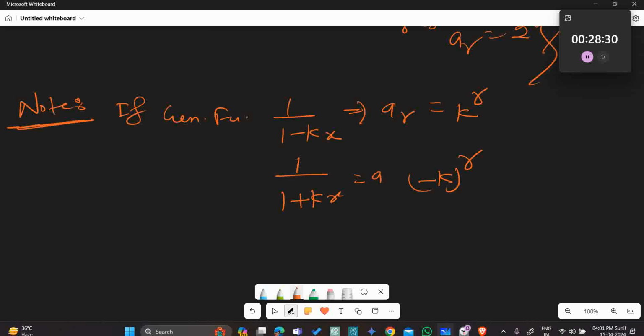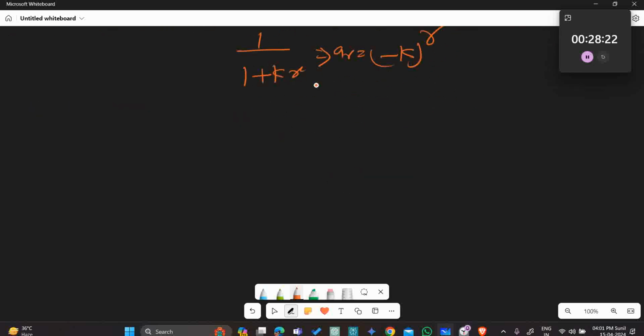If the generating function is k upon 1 plus x, a of r is k into minus 1 to the power r.